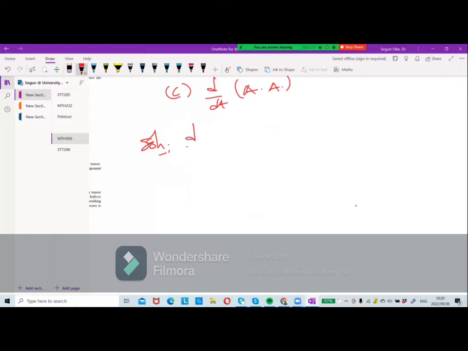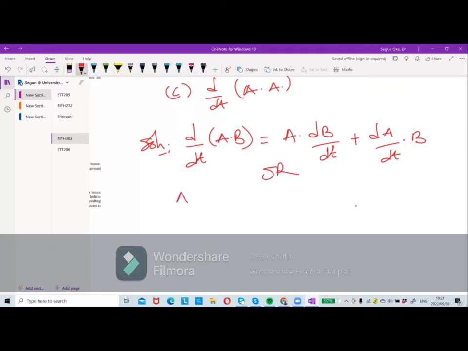Now d/dt of A dot B is the same thing as A dot dB/dt plus dA/dt dot B, according to the formula we have in the previous video. So we either use this method, or we get A dot B first and then differentiate it.